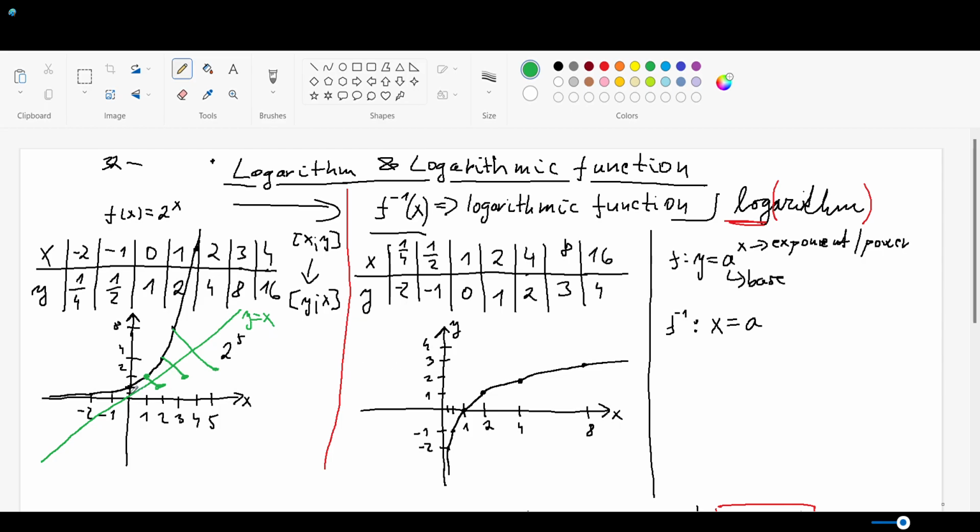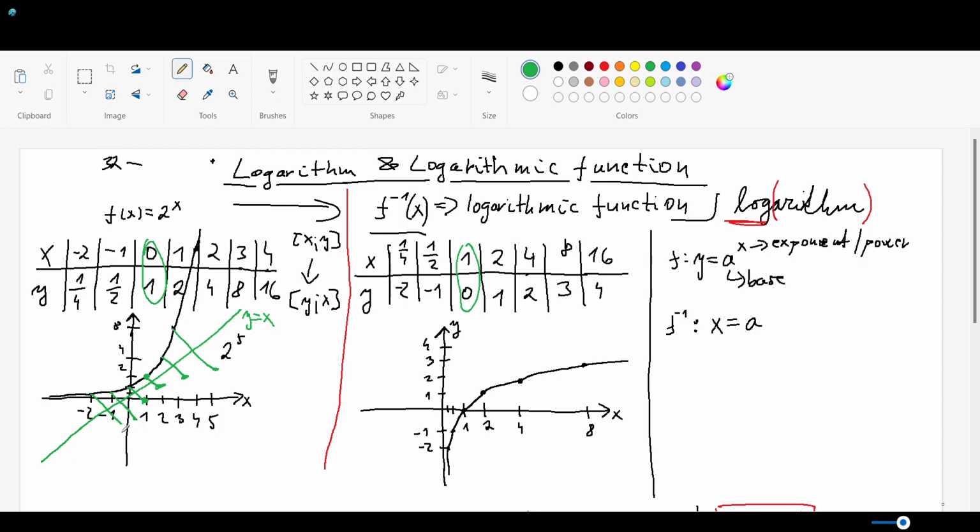As you can see, if we do so, especially this key point of the exponential is changing its coordinates from (0, 1) to (1, 0), and so on and so forth.